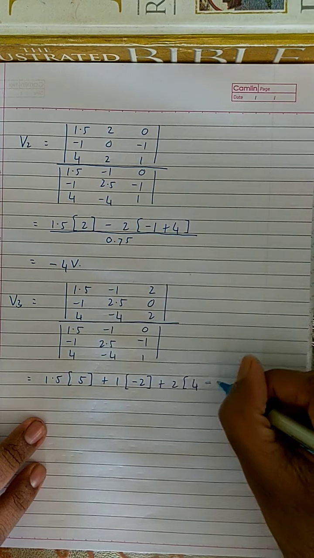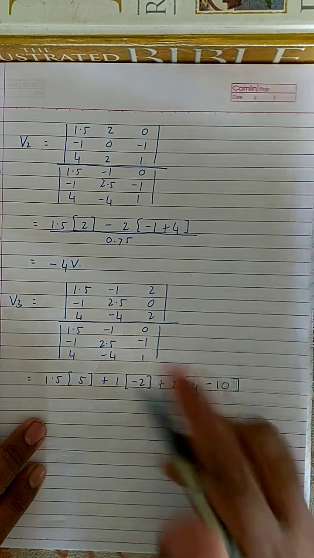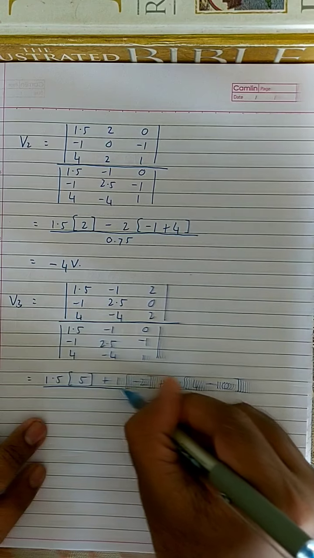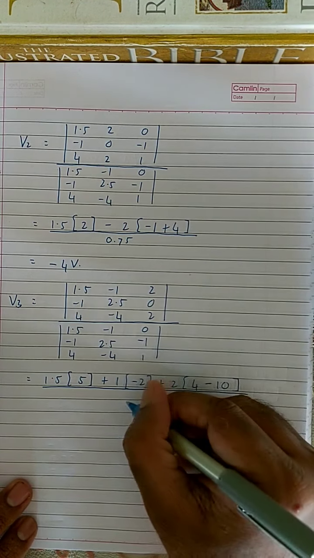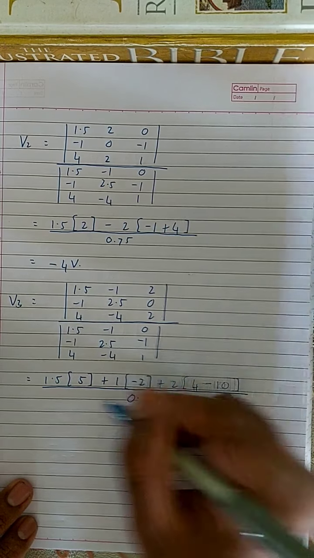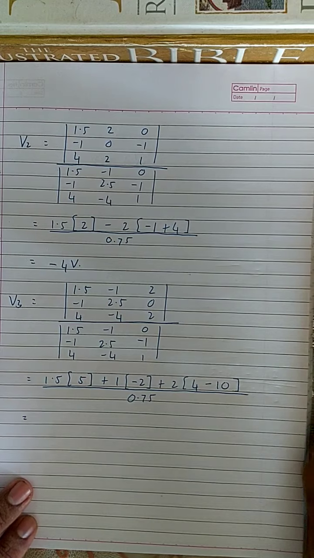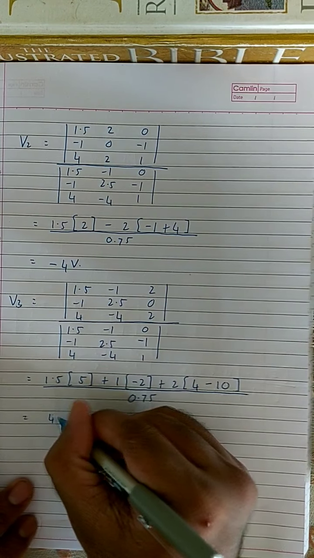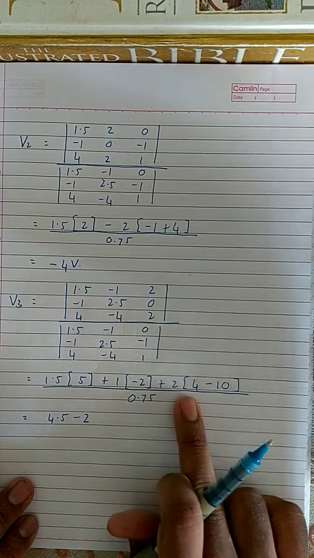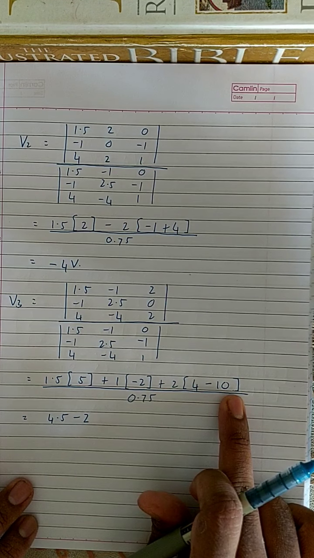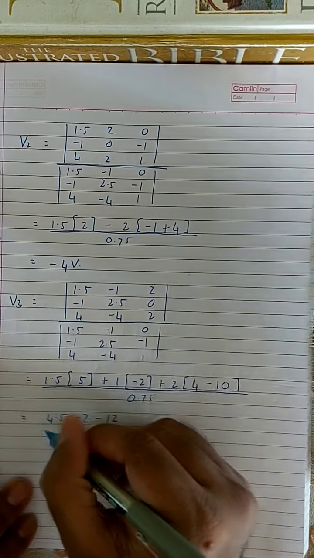So this is 10, divided by 0.75. This is equal to, what is 1.5 into 5 is 4.5, I think, right? 4.5 minus 2, and this is 4 minus 10 is minus 6. Minus 6 into 2 is minus 12, divided by 0.75.